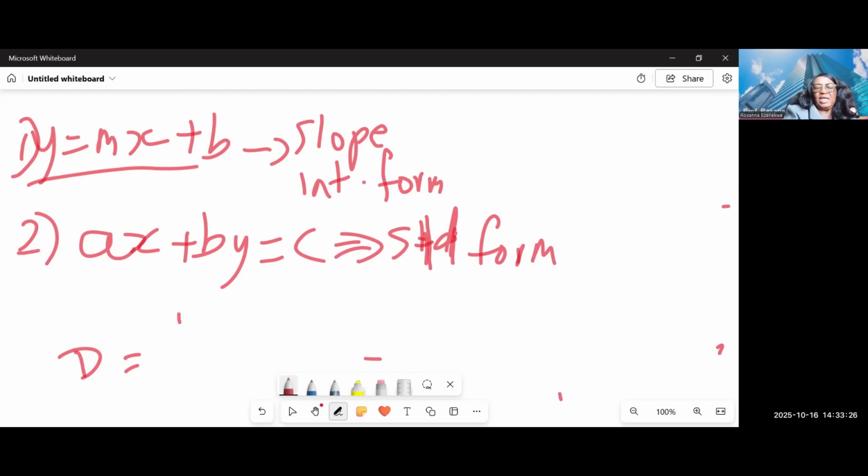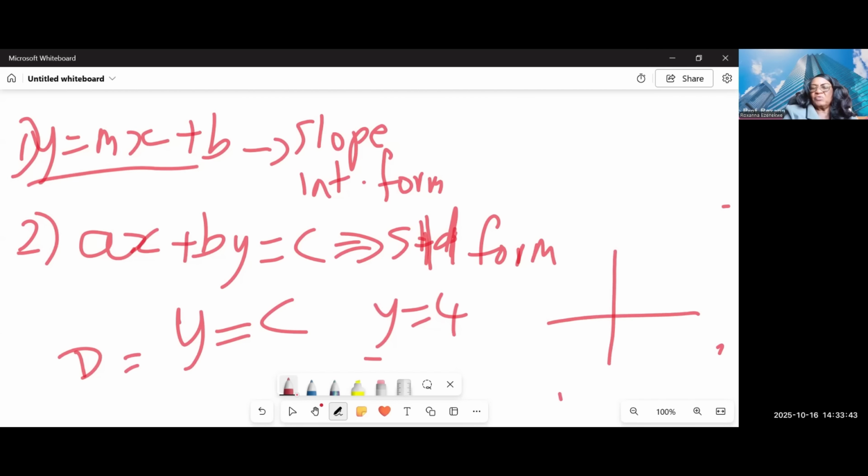If the equation of a line is y equal to c, where c is a constant, then the line is a horizontal line. For example, if I have y is equal to 4, let me graph it. If I graph the line y equal to 4, it is a horizontal line.